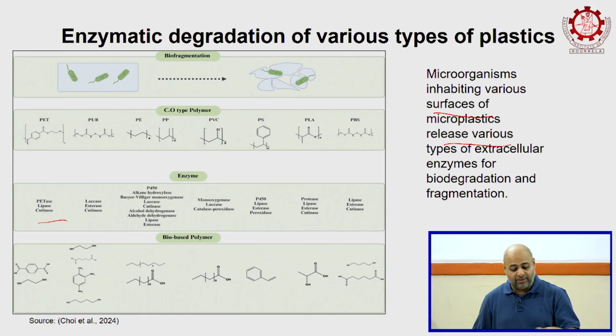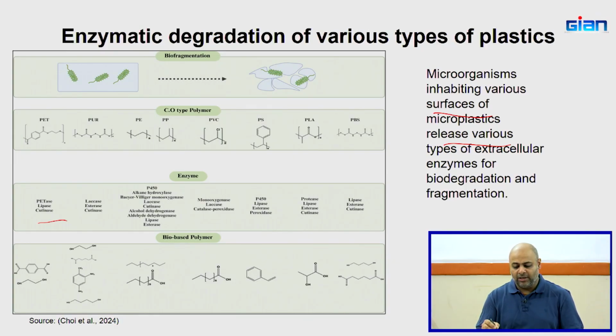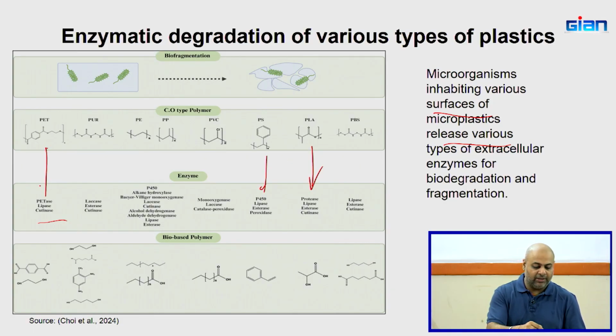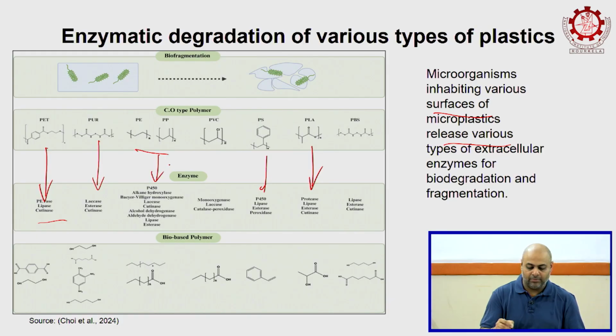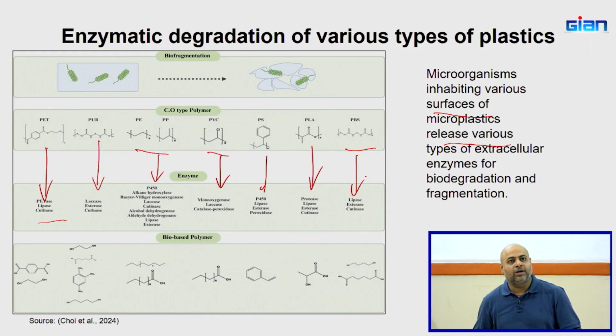So, there are a lot of enzymes which are produced for different types of materials. So, for the PLAs, PSs, for the PETs, these are the enzymes. Which one can work on which type of biopolymer?